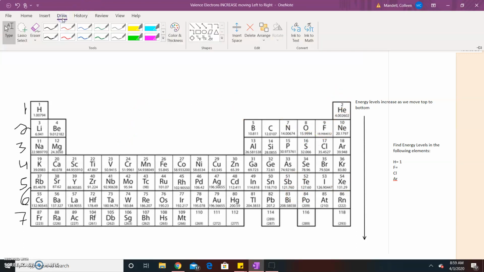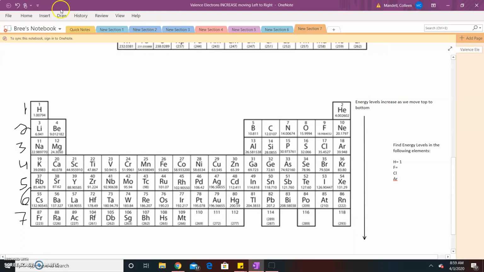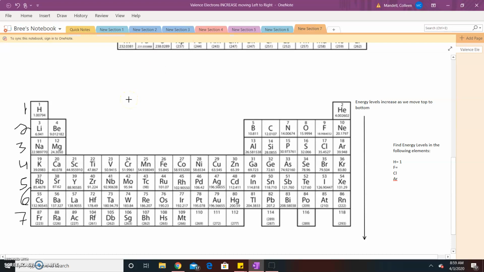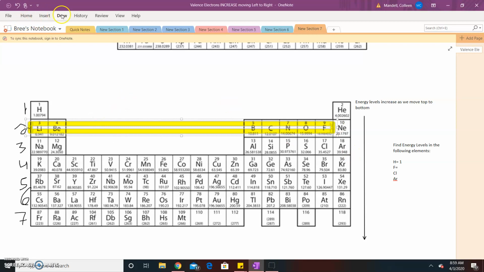So let's just make sure we're staying really clear, know what we're talking about, and draw ourselves a little box going over to fluorine from the 2. So fluorine is clearly in the second period, so 2.